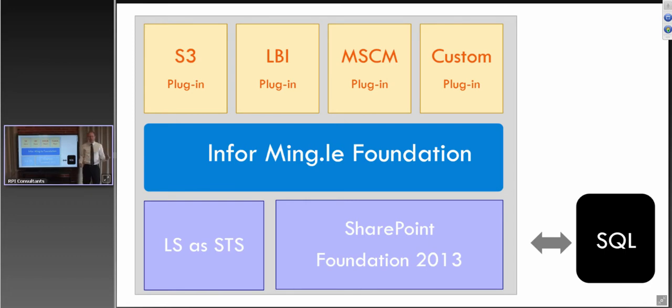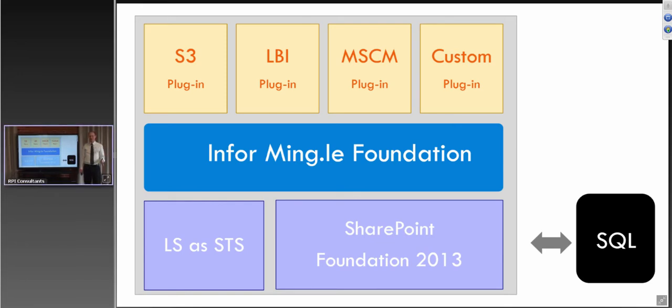So you see I've got an S3 plugin, which is Portal. I've got an LBI plugin, which is our dashboards, MSCM, and a custom plugin, which allows you to bring in basically any Lawson web application and empower it with single sign-on and a nice cohesive user experience.